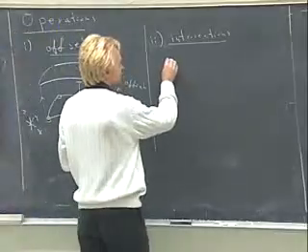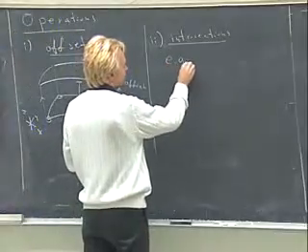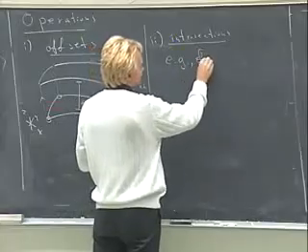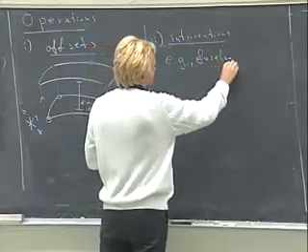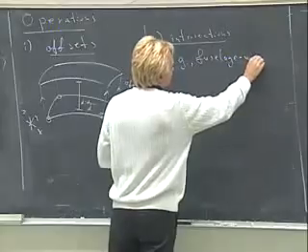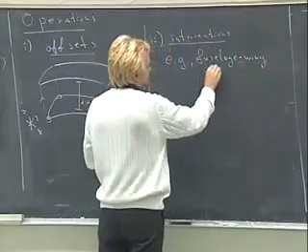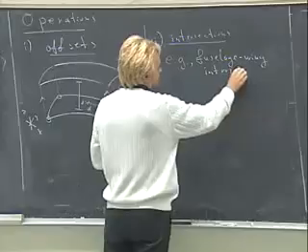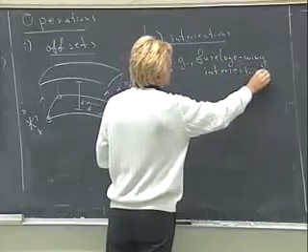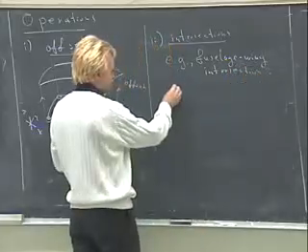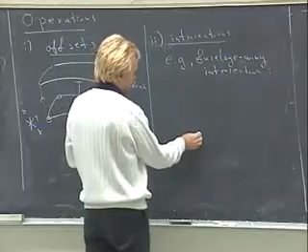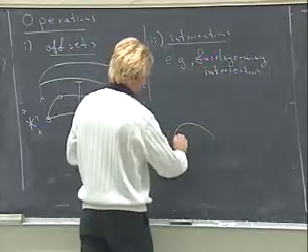So, an example, e.g., fuselage, wing intersection. Okay, so there is a fuselage, a wing that I have somewhere.